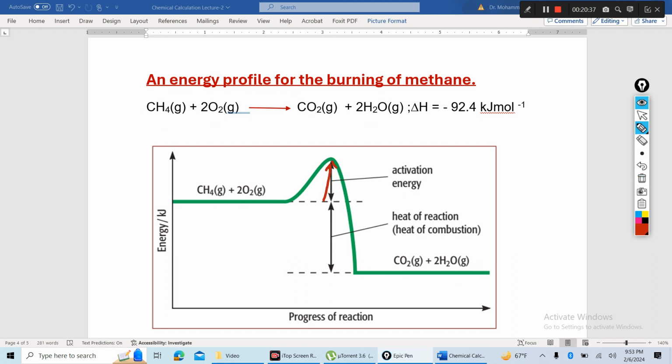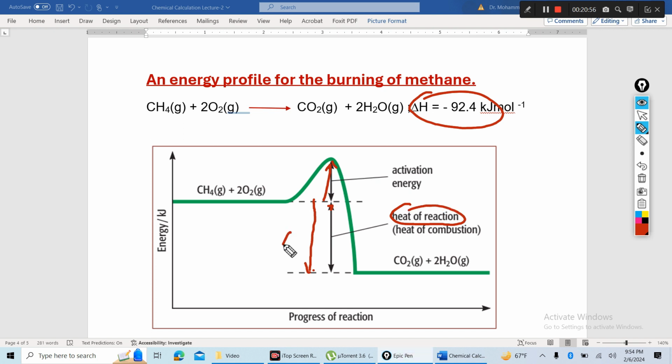Now you see, as del H value is negative, this is an exothermic reaction, and reactant and product, this downward arrow, reactant and product distance is known as heat of the reaction.